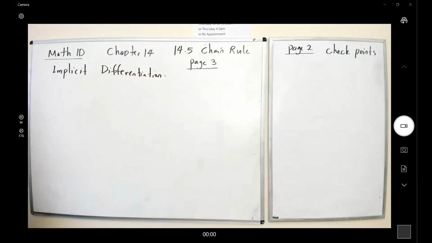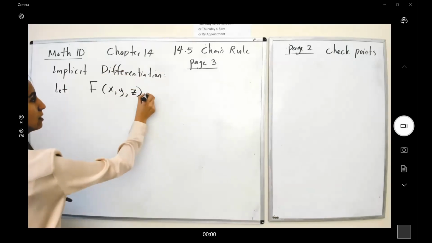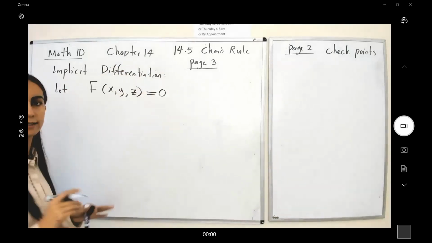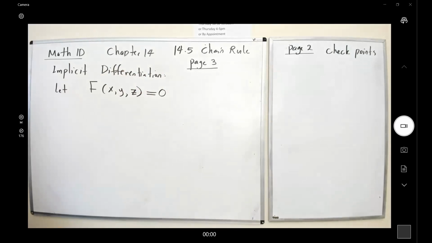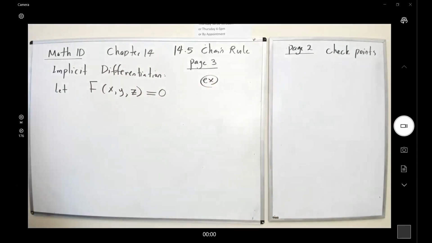So suppose your function is given as, let f of x, y, and z equal 0. Like what? Like this function that I'm giving to you. For example, I'm going to write down two examples for you.